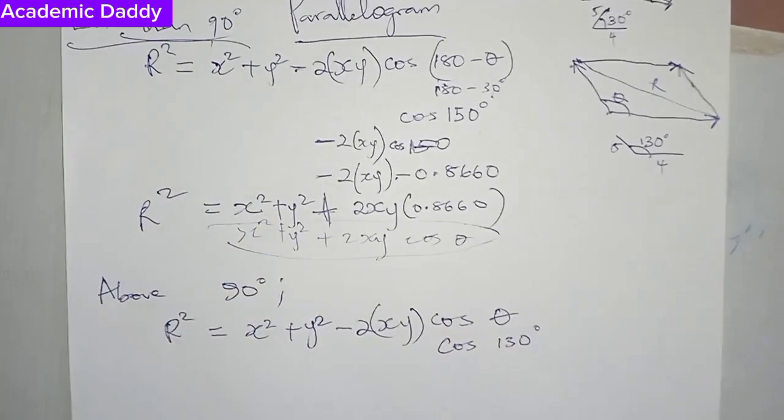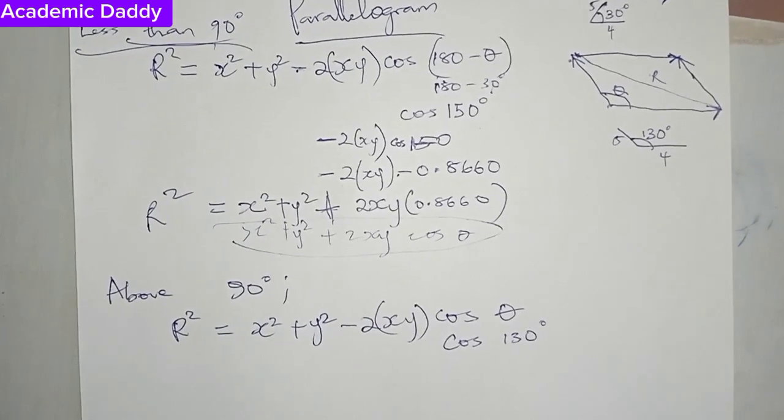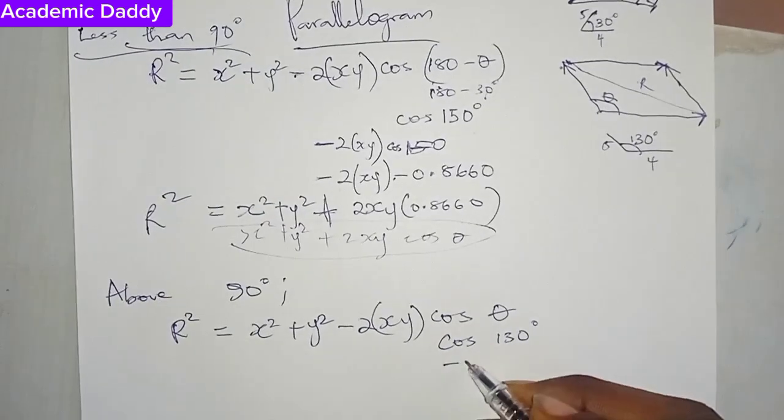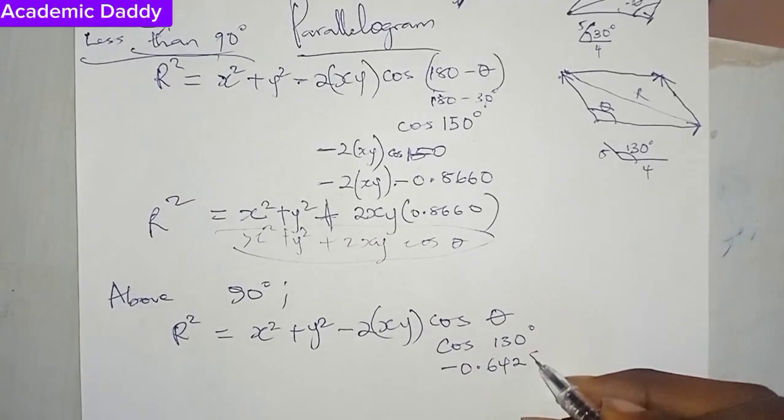So by the time I do cos 130, it will give me minus 0.6428.